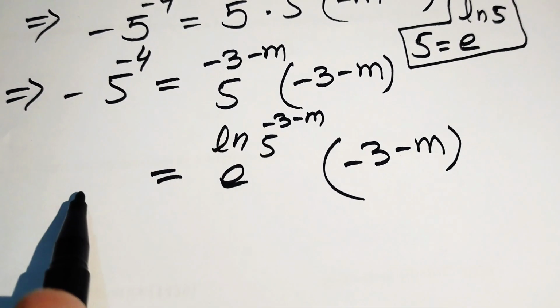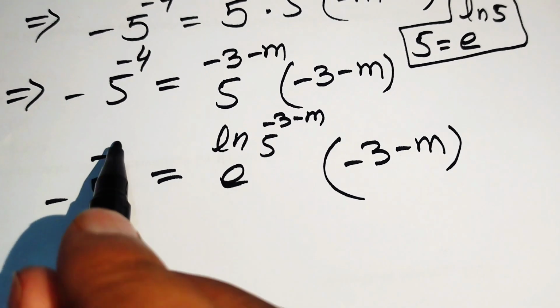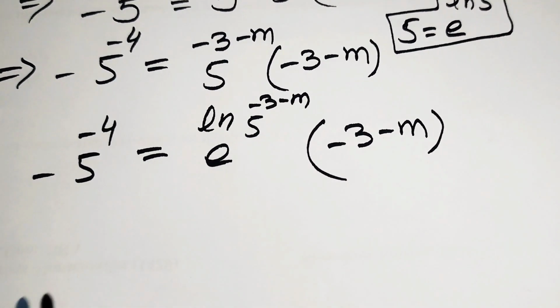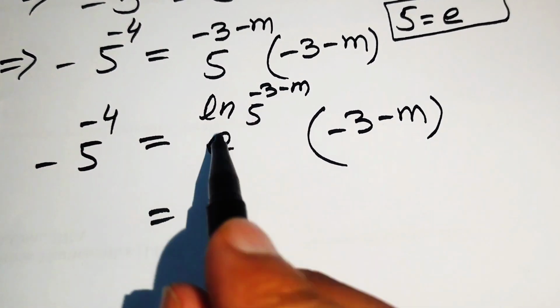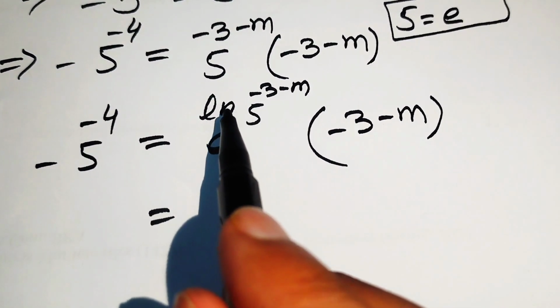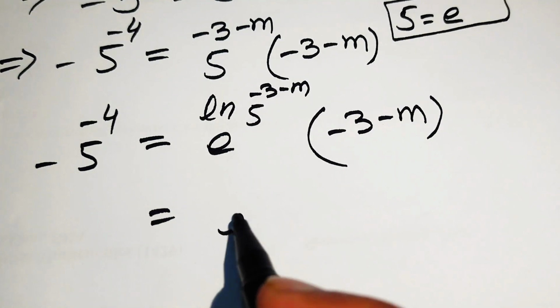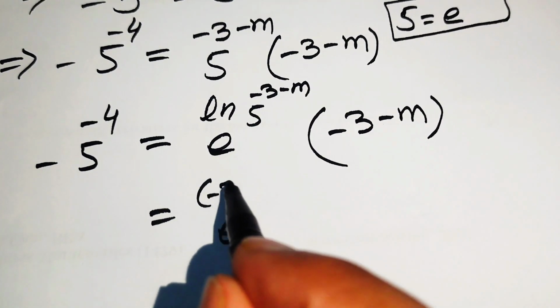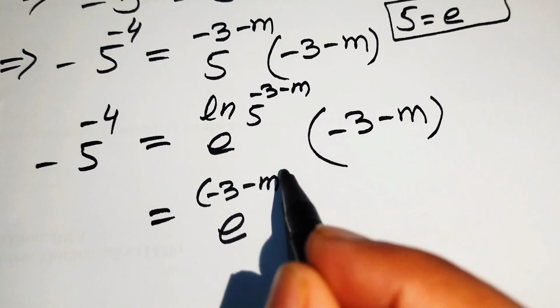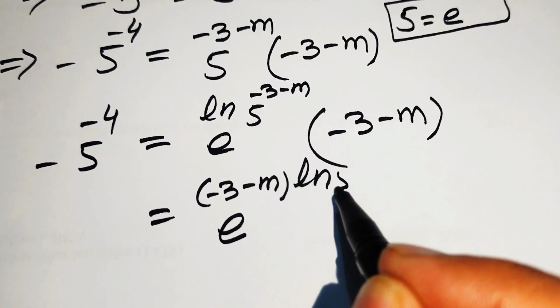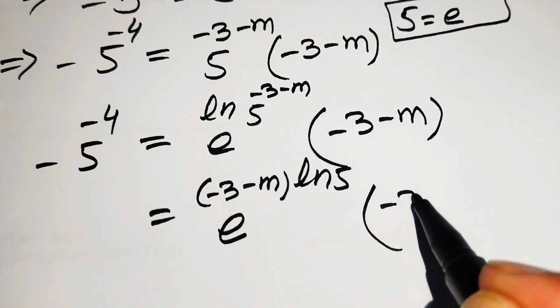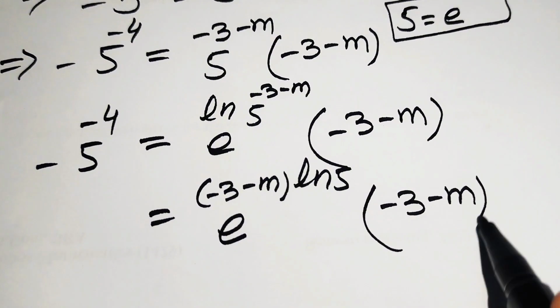And in the left hand side we have -1 times 5 to the power of -4. Here we need a little bit of simplification, and we use the property of log: we move this exponent to the front of the log, and it will be written as e to the power of (-3 minus m) times log of 5, times (-3 minus m).